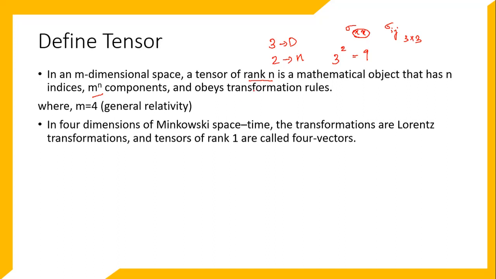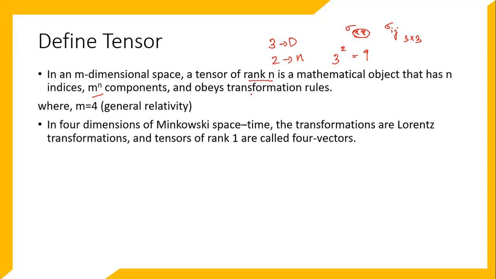For the meantime, let's understand that a tensor is a mathematical object defined in an m-dimensional vector space, it has a rank n, it has m to the power n components, and it obeys all the rules of transformation.